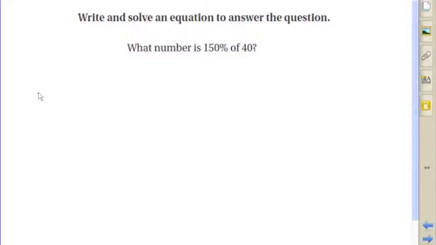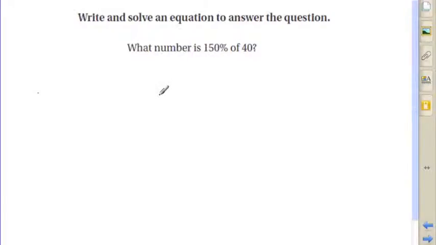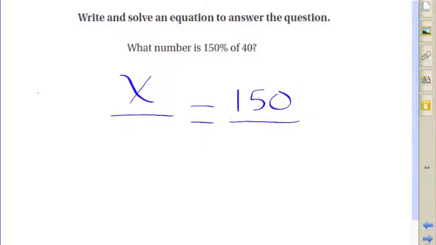Here, what number is 150% of 40? So this time, it's what number is 150%. Again, the is numbers go together.